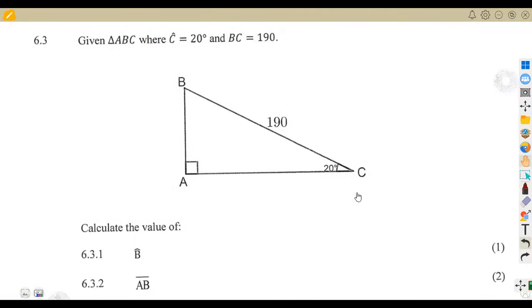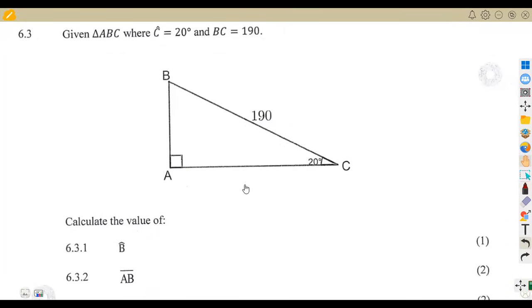They are just direct to the point. In this triangle ABC, we are given that angle C is 20 degrees, and the hypotenuse is 190 units. We don't know whether centimeters or what.